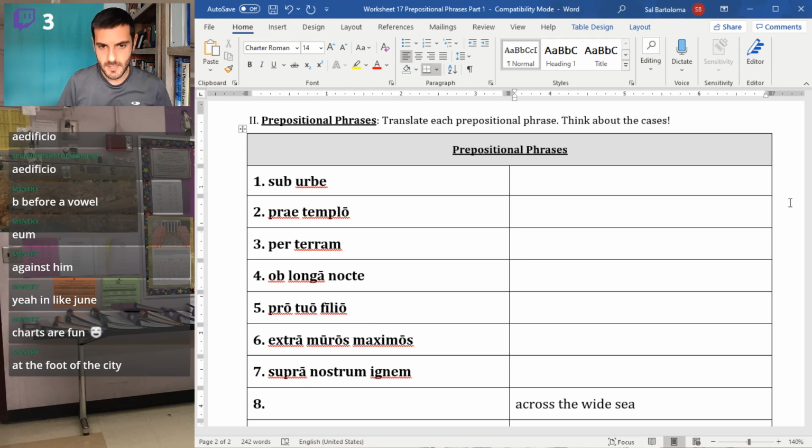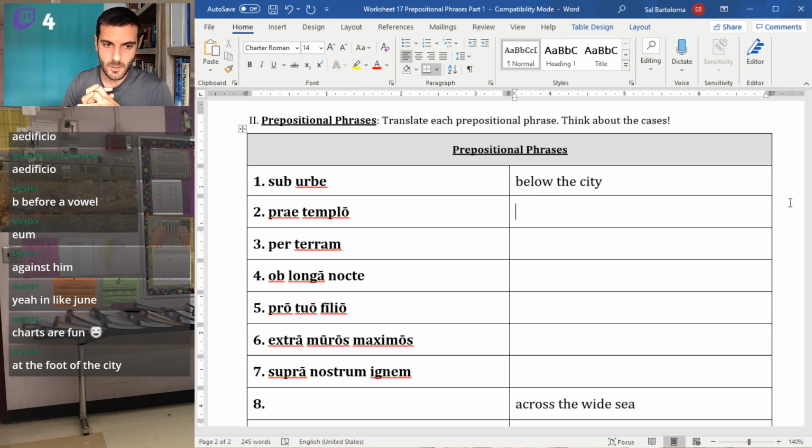It could be at the foot of the city. If you think of the city being up on a mountain, then at the foot of that mountain, at the foot of the city, so below the city might be a good kind of catch-all. Could be below the city, could be under the city, could be at the foot of the city. A lot of different ways that we could do that one.